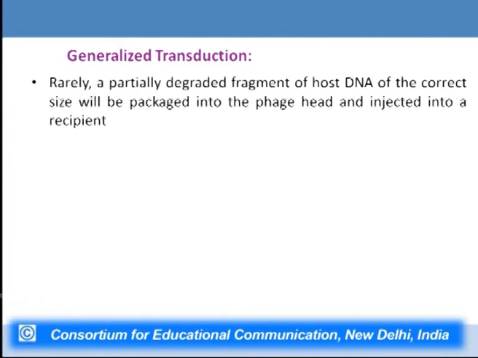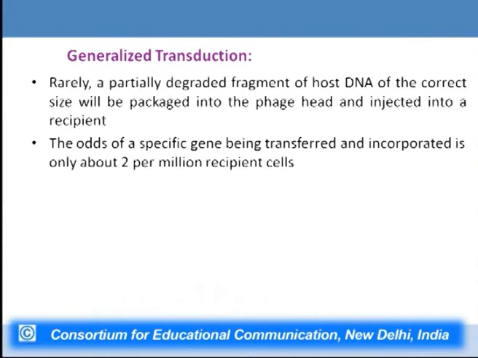So, generalized transduction is a very rare event because the packaging of a correct size of DNA fragment of the bacteria which has been lysed is a very rare occurrence. Therefore, generalized transduction is also a very rare occurrence. The odds of a specific gene being transferred and incorporated is only about 2 per million recipient cells.